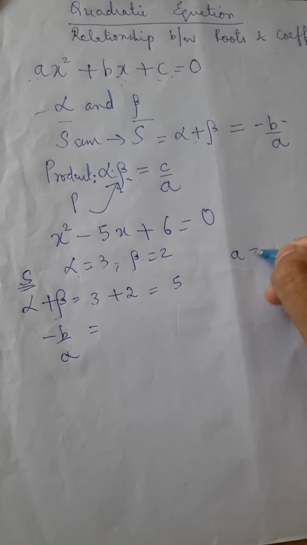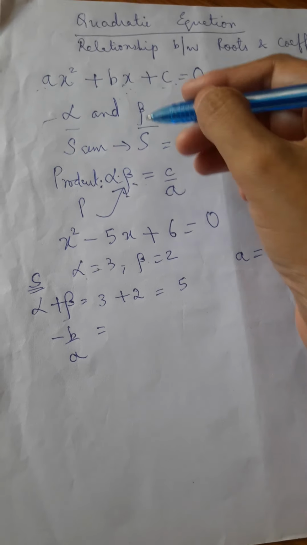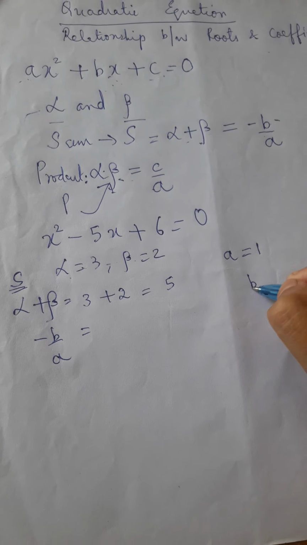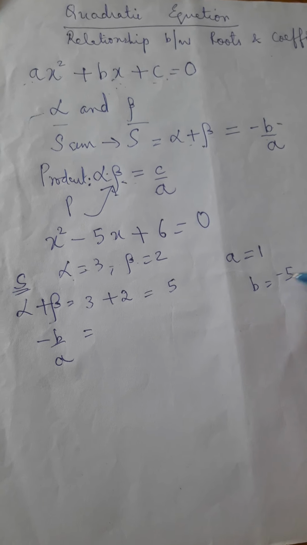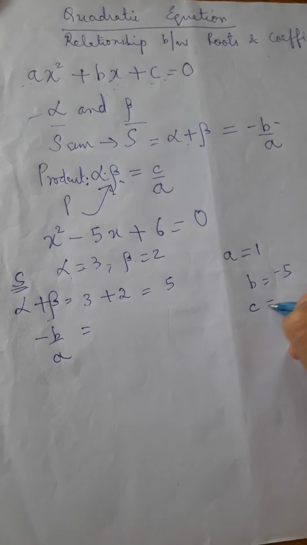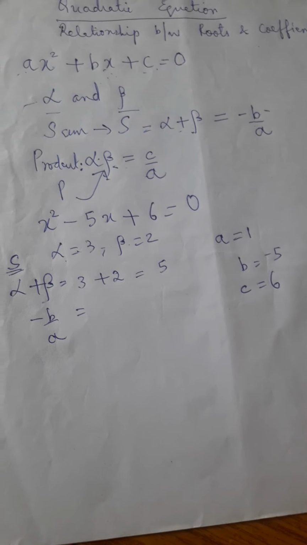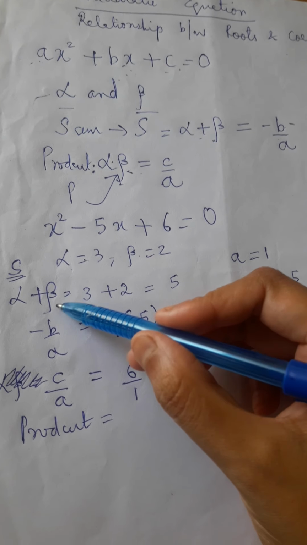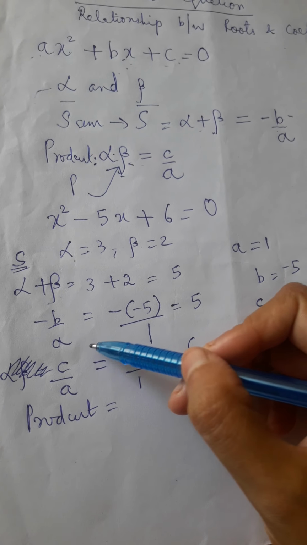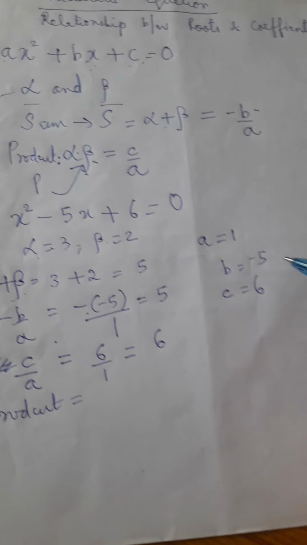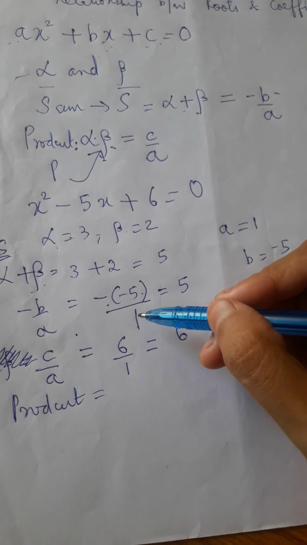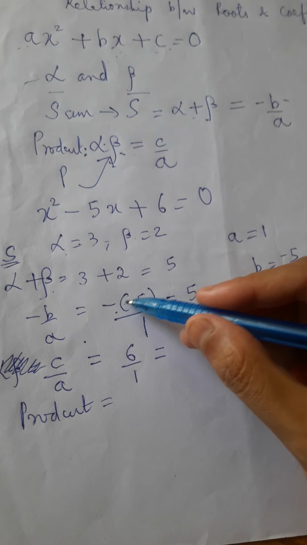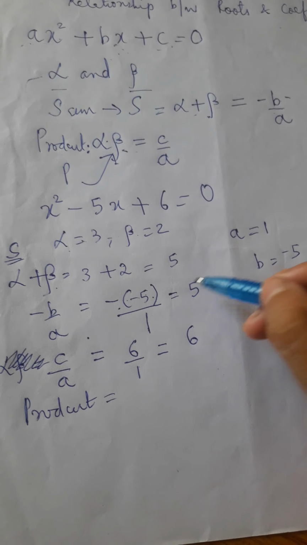Okay, let me put that down here for you. a is 1 and b is minus 5 and c is equal to 6, right? So alpha plus beta is 5, minus b by a would be minus of minus 5 divided by 1, which is plus 5.